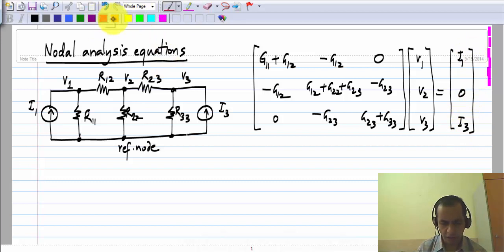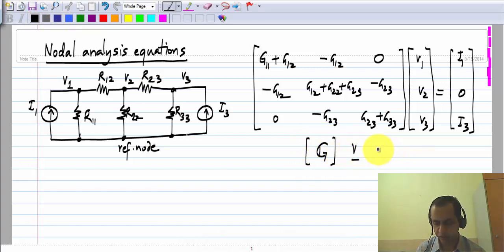Okay, and of course this can be written as the conductance matrix G times the vector of node voltages V equals the vector of independent sources I.